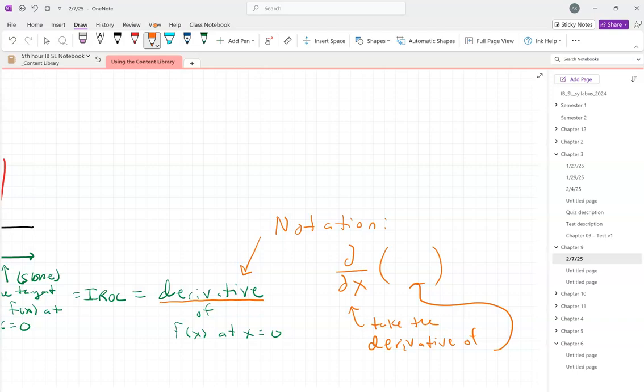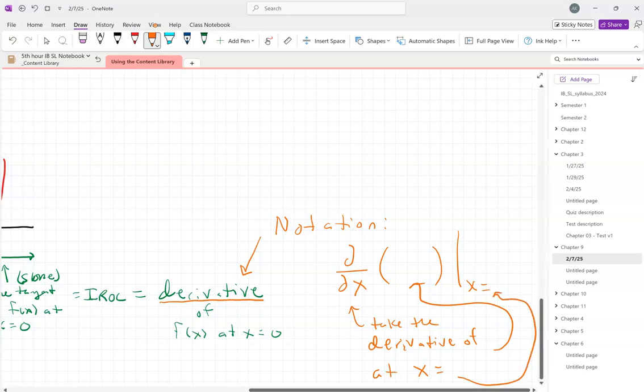So if I write d dx of, that means take the derivative of this function. And if I put a bar at the end, it will mean at a specific value for x.